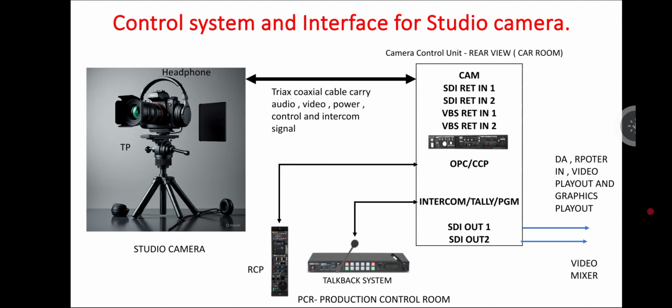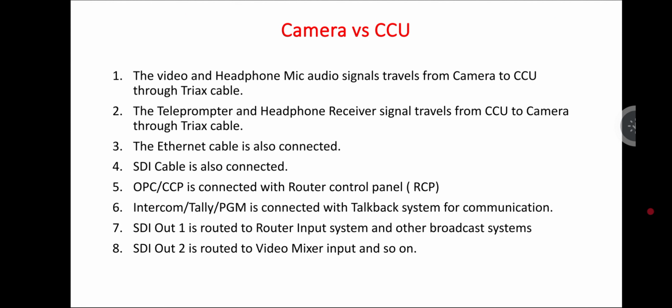Okay, so this topic is related with the camera as well as the camera control unit. We are not explaining extra detailed information. Okay, but at least right now this layout helps us to understand the connectivity. Now camera versus CCU, let's explain all those points.